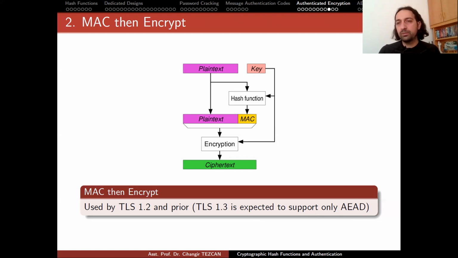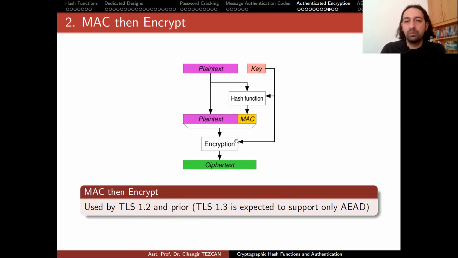But it turned out to be wrong, because instead of the winners of that competition, in TLS 1.3 we have ChaCha20 with Poly1305 authentication method, which we are going to see in a few slides later. So most probably people are still using TLS 1.2. This is one of the most used versions.